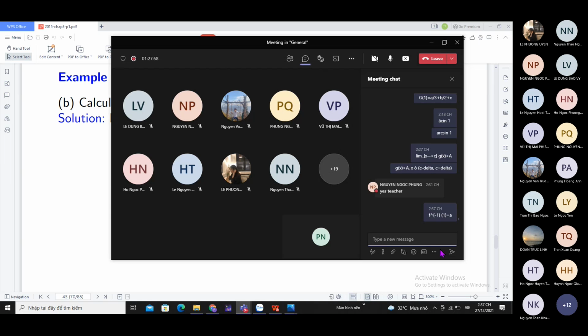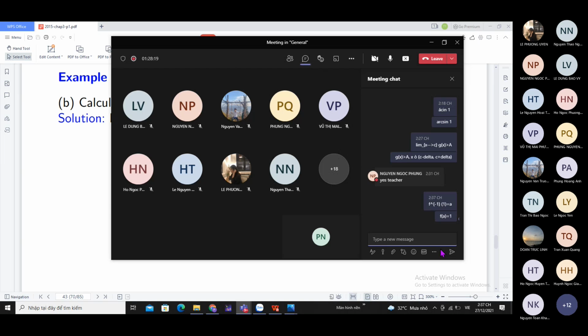We suppose that f inverse of 1 equals A. F inverse of 1 equals A means that f of A equals 1, by the definition of inverse function. Okay? And what is f of x?